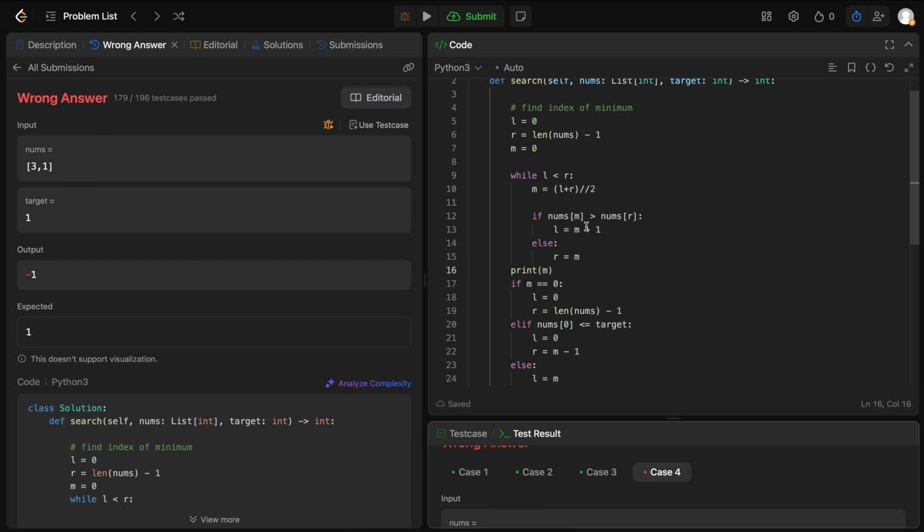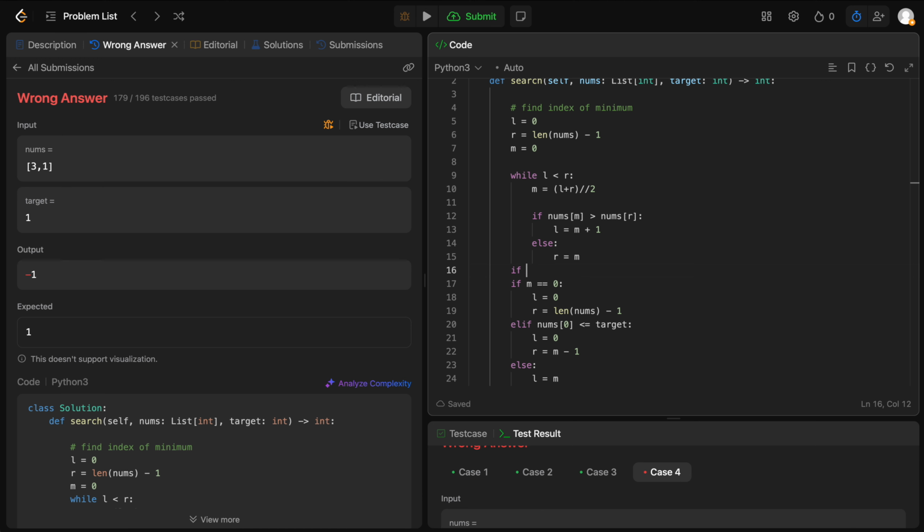If nums of M is greater than nums of right. Well, actually, M is not 0 here, so that's my bad. From the previous one, I should have remembered that. So the last one, yeah.